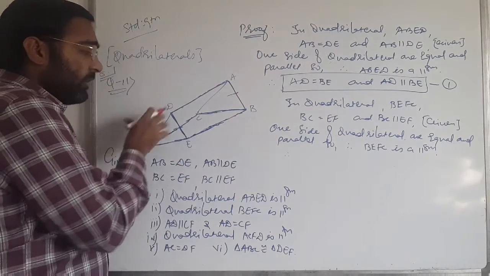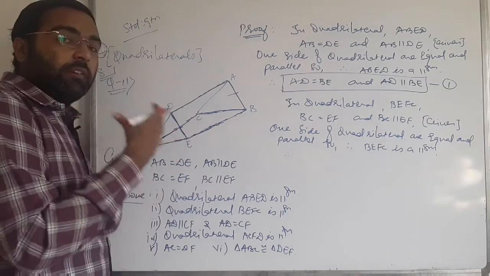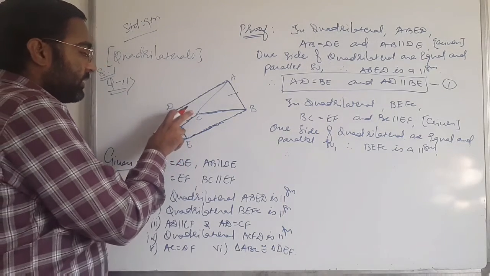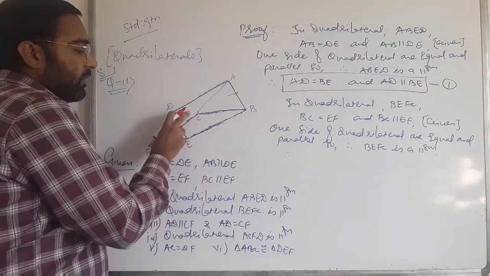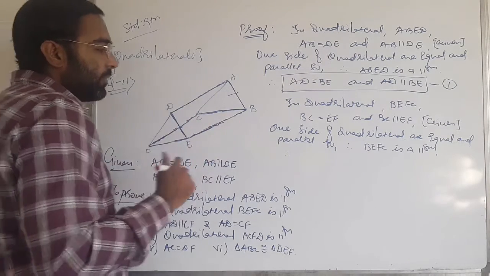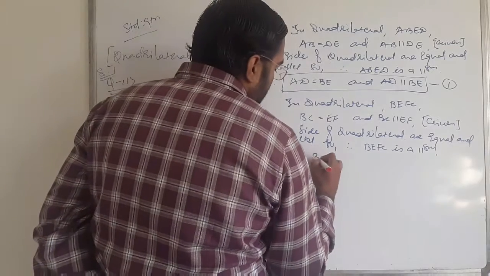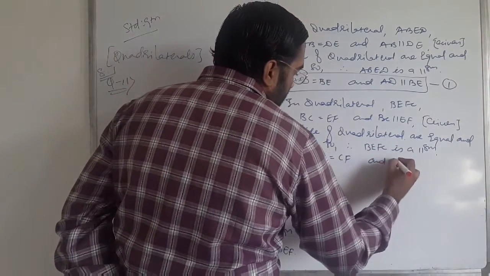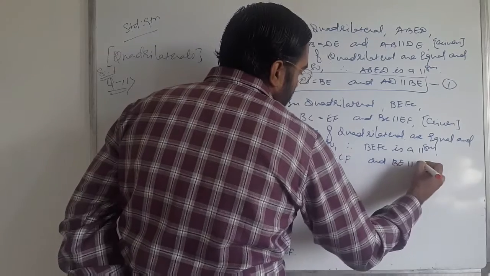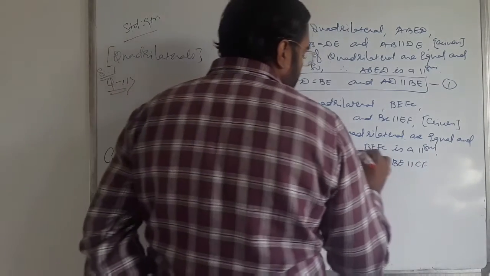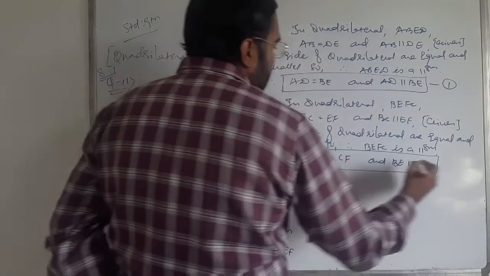So this is the parallelogram. So the other sides of this parallelogram are equal and parallel, that is CF and BE. So BE is equal to CF and BE is parallel to CF. Okay, this is the second one.